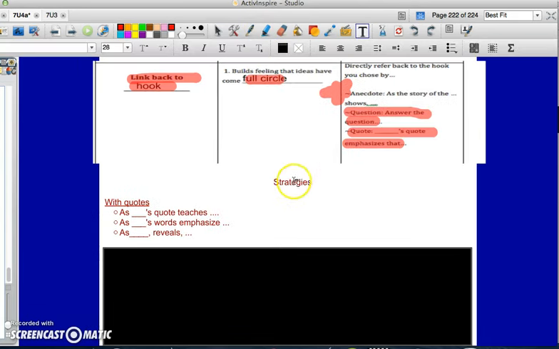What that might look like is if you had a quote by Thomas Jefferson that says something like, "Independence is the hallmark of American society." When you're referring back to your hook in your conclusion paragraph, you might say, "As Thomas Jefferson's words teach us," and so on and so forth.